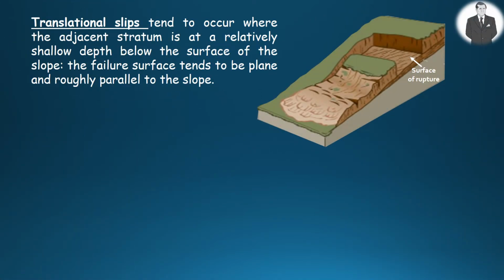Translational slips tend to occur where the adjacent stratum is at a relatively shallow depth below the surface of the slope. In that case, the failure surface tends to be plane and roughly parallel to the slope, as you see in the figure here.